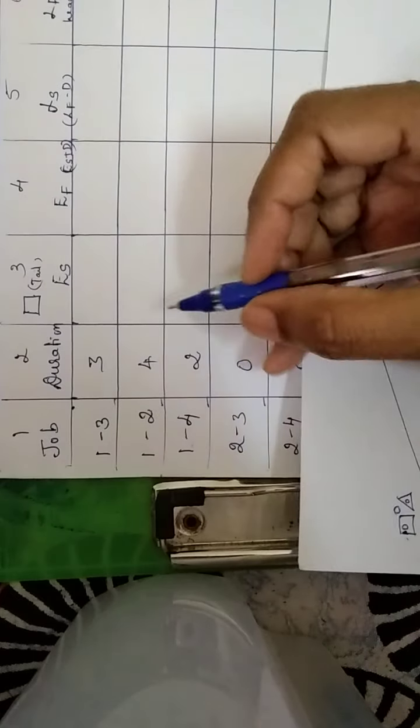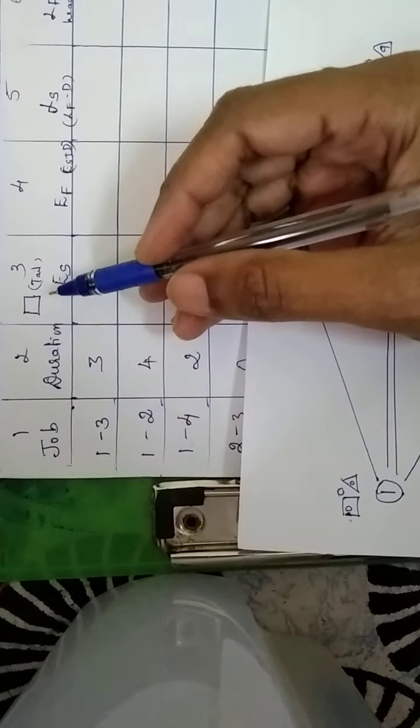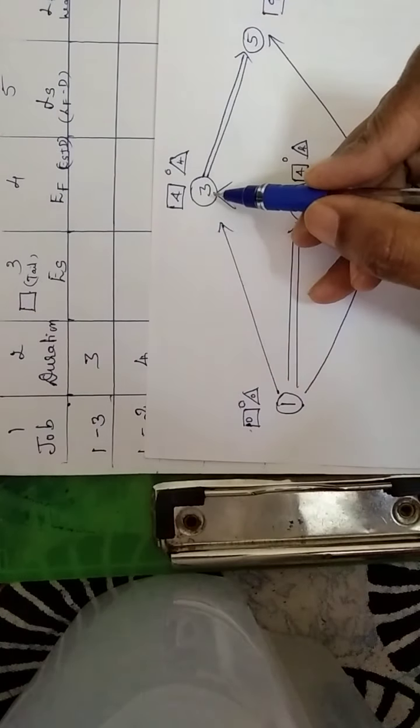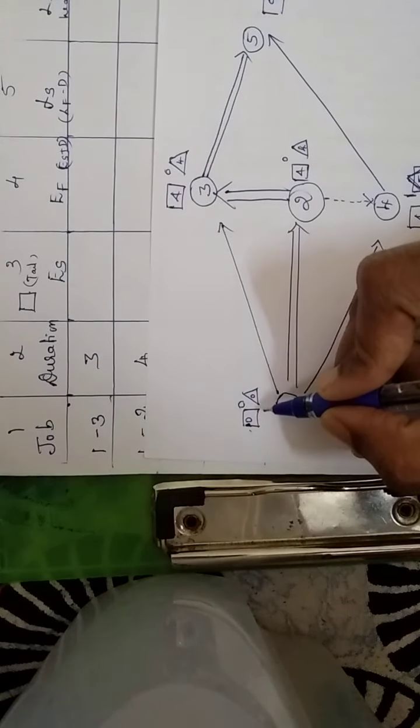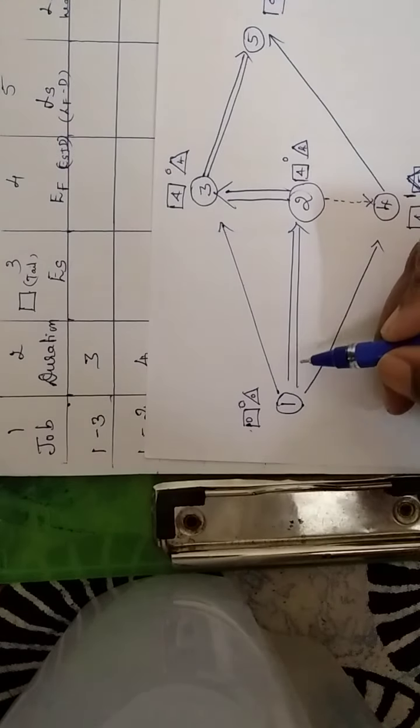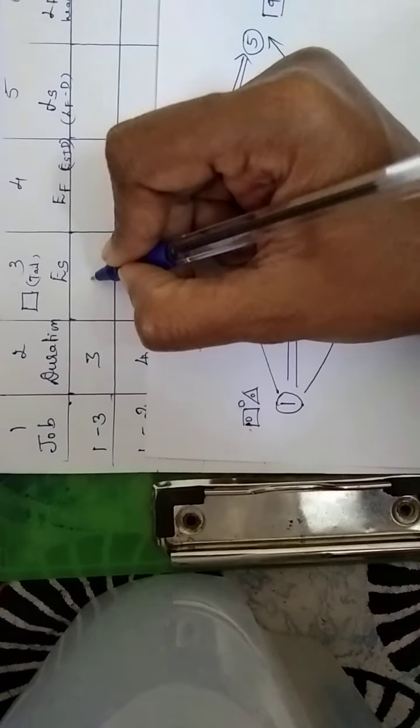Now we have to calculate the third column, which is the earliest start time of the tail event. If you take 1 to 3, here we have to take the earliest start time. The earliest start time for 1 to 3 for the tail event is 0.